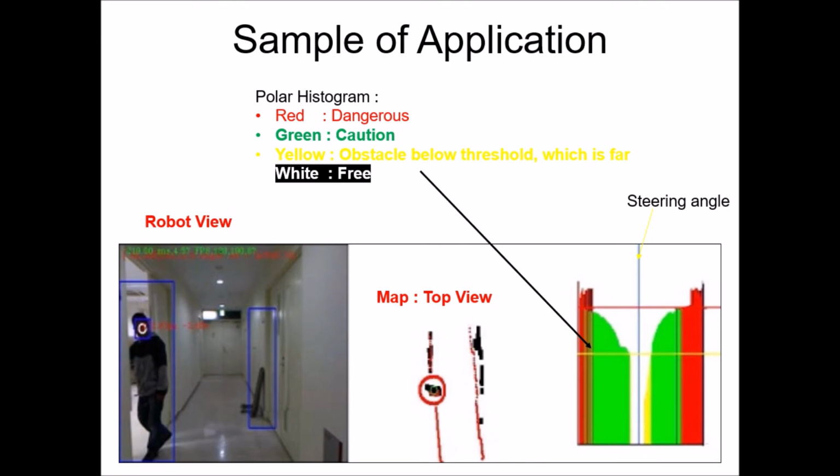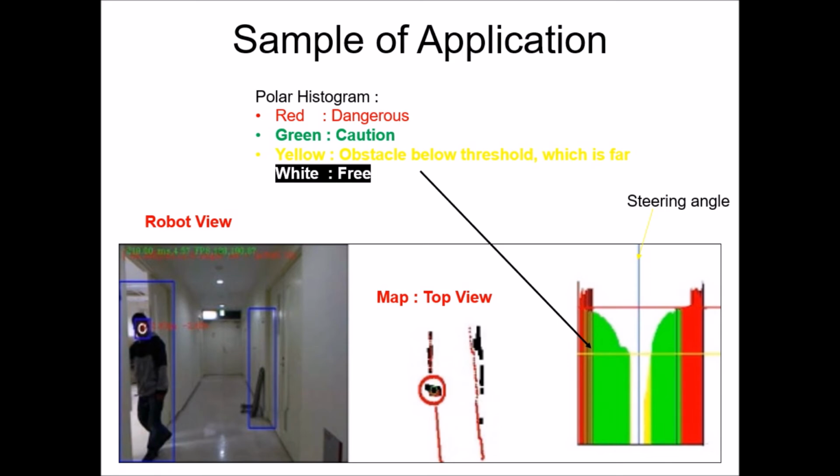Yellow is any obstacle that is below the threshold. So yellow means that the obstacle is still far from the robot, and it can be ignored during navigation. White is the free space. Usually, based on the width of the free space, we will generate the steering angle. So this is, for this particular case, the optimal steering angle.